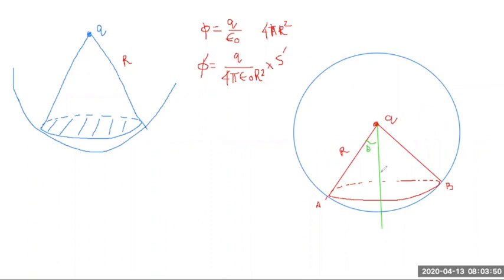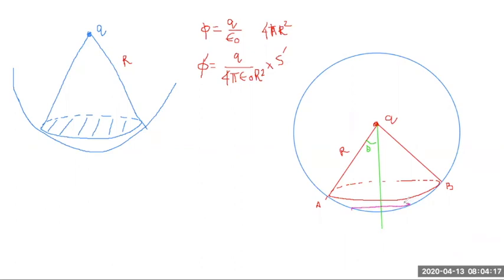Now to find the area of the part of the sphere AB, that is basically called a lune, what we are going to do is take an elemental area.